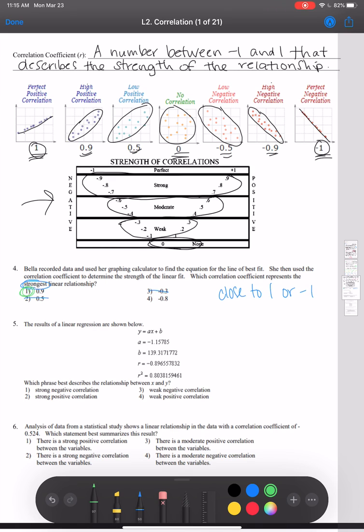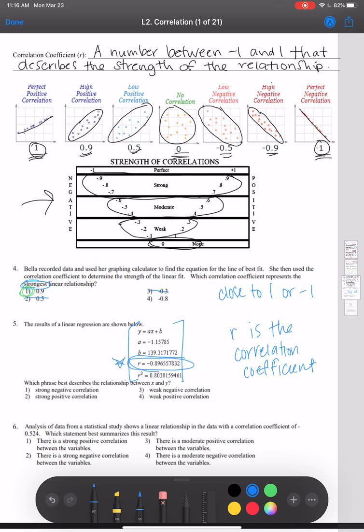Number 5, the results of a linear regression are shown below. In the next part of this, I'm going to show you how to find this correlation coefficient in your calculator. We are going to be looking at the value of R. R is the correlation coefficient, and that's going to tell us the strength of the relationship. Please keep in mind that it is not R squared, it is R, this one right here.